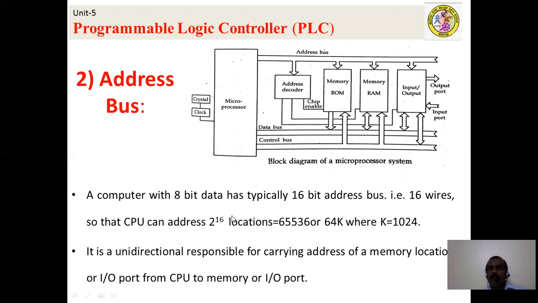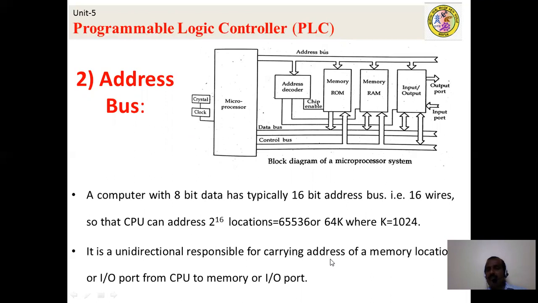A computer with 8-bit data has typically a 16-bit address bus, that is 16 wires. So the CPU can address 2 to the power 16 locations, that is 65536 or 64K locations. The address bus is unidirectional.